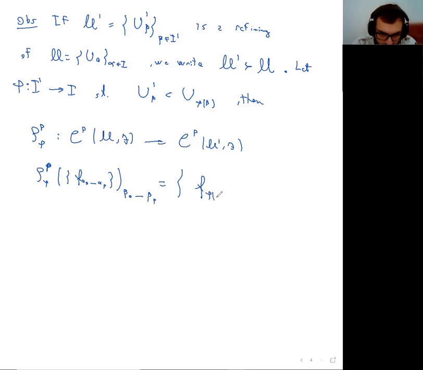So phi beta 0, phi beta p. And of course, then we have to restrict it to the correct set. So this would be U prime beta 0 beta p.